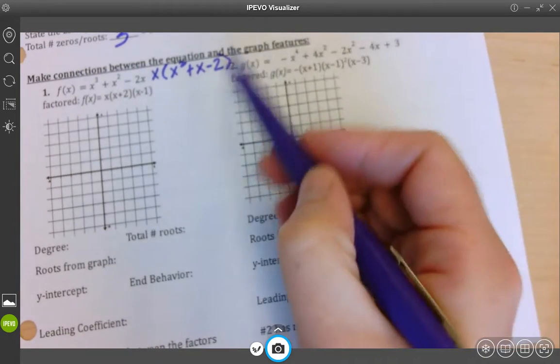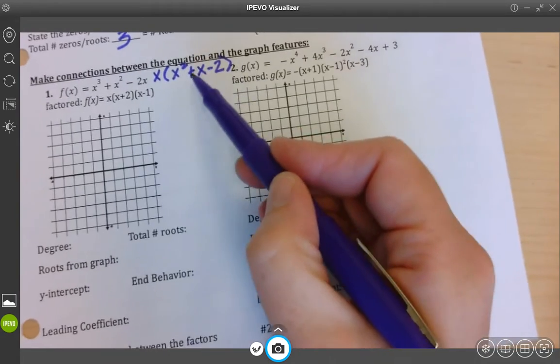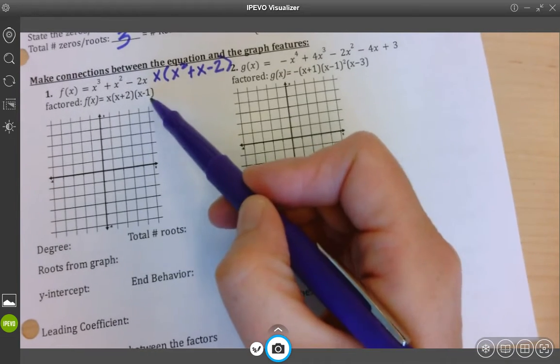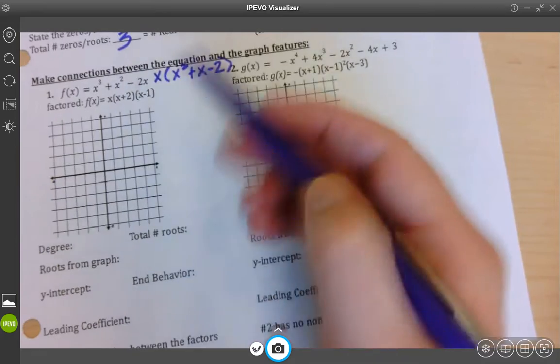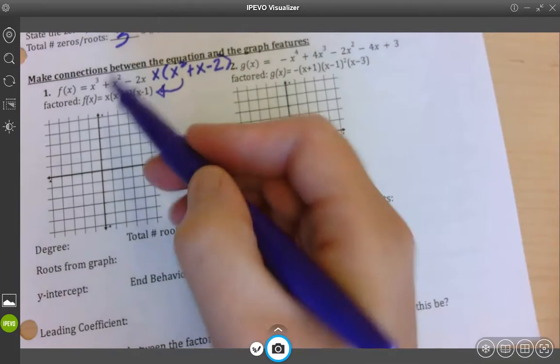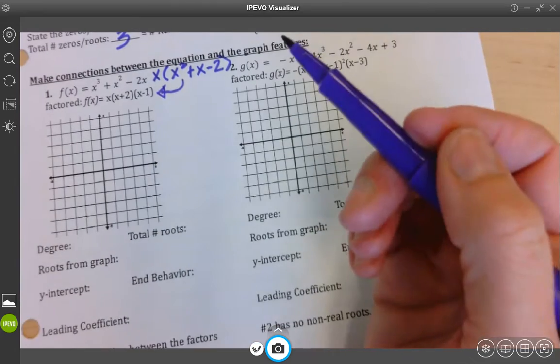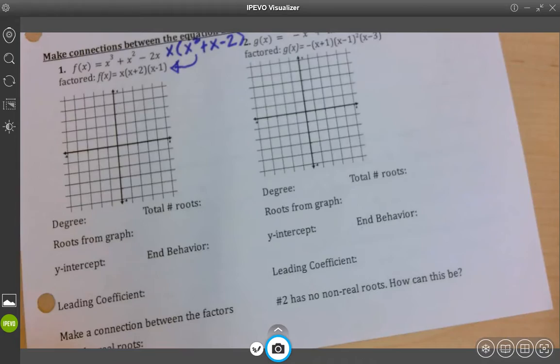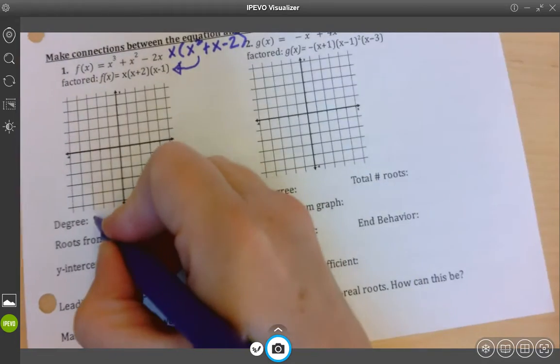And then I'm looking for the numbers that multiply to -2 and add to 1. And those are 2 and -1. So this becomes this then. Okay? So this is my factored form. This is my standard form. Looking at this equation, what is the degree? The degree is 3.